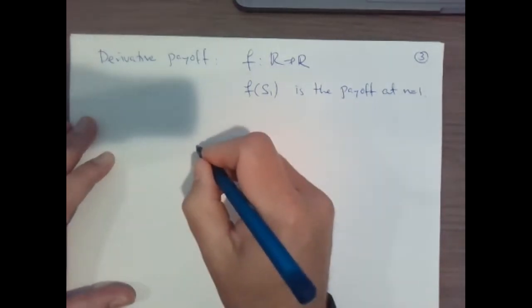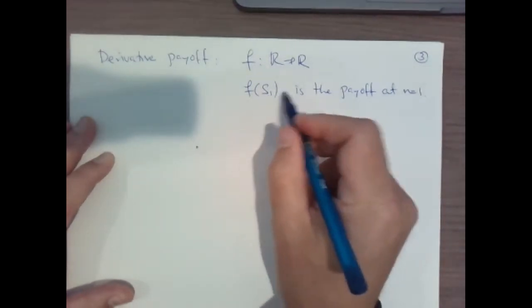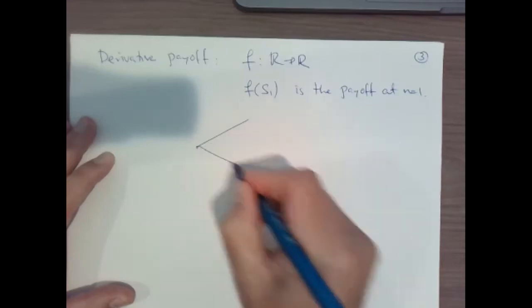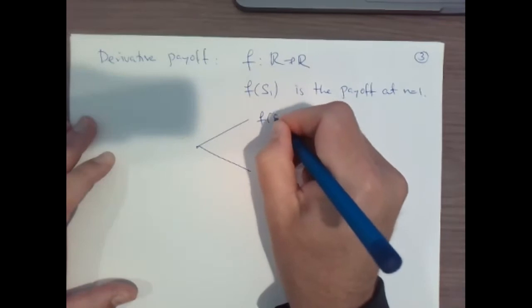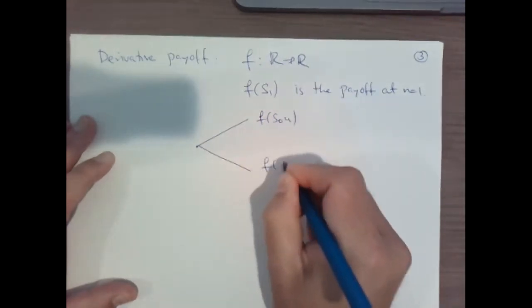Given that the stock can take two values, the derivative will pay off one of two things. It will either pay off f of S0u or it will pay off f of S0d.